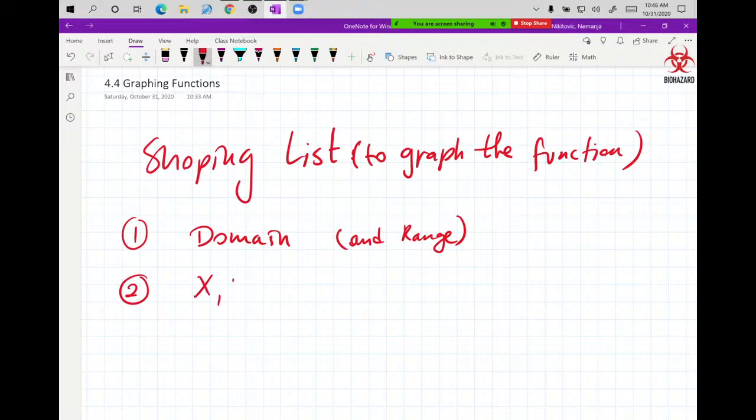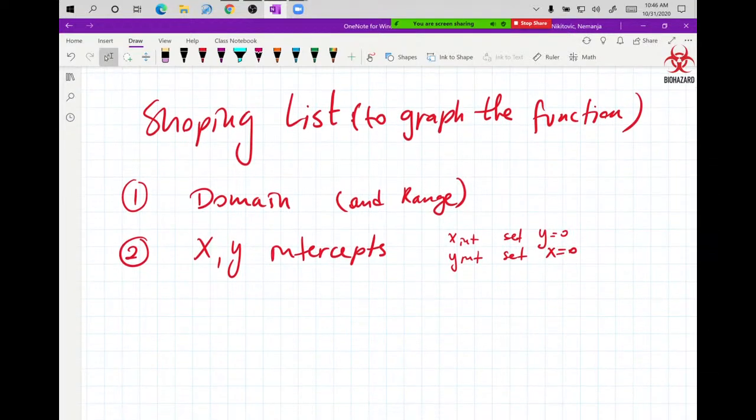Then we want the x and the y intercepts. And that's a joke because for x-intercept, you set y equal to 0, and for y-intercept, set x equal to 0. So that's a joke. That's your algebra 1. Number 3, asymptotes.